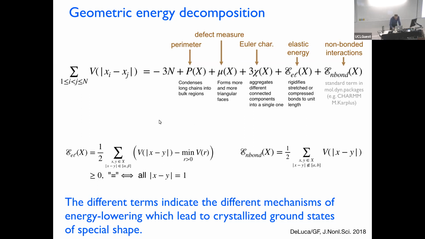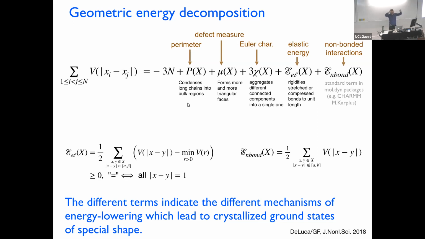What we like about this decomposition is that the different terms indicate different mechanisms of energy lowering. For example, the perimeter penalizes long chains.